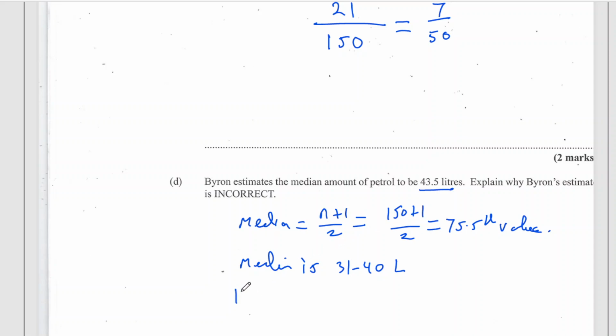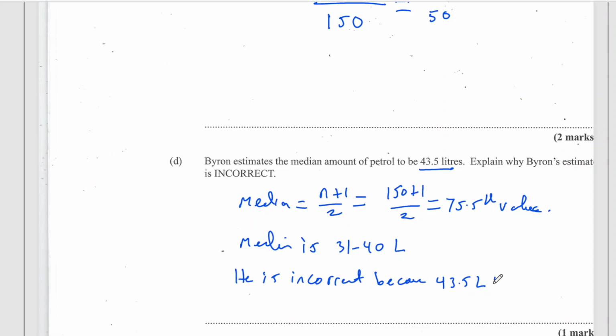So he is incorrect because 43.5 liters, which is his estimate, is not within the median. Right? He's incorrect because 43.5 liters, which he calculated, is not within the median. Right? The median is 31 to 40. So he overestimates.